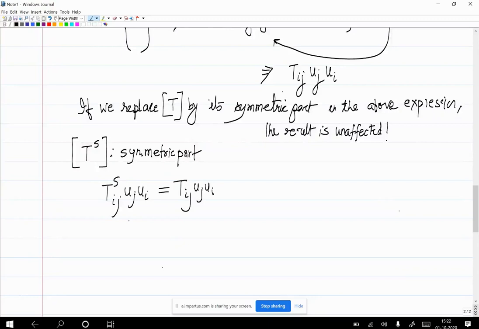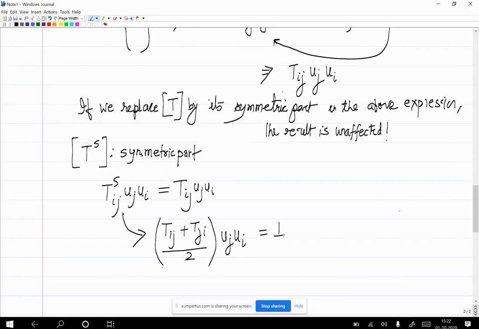So I guess what you mean is take the left hand side and write Tsij as Tij plus Tji divided by 2 into Uj Ui, isn't it? This is what you mean. Yes, sir. Yes. And then work it out.